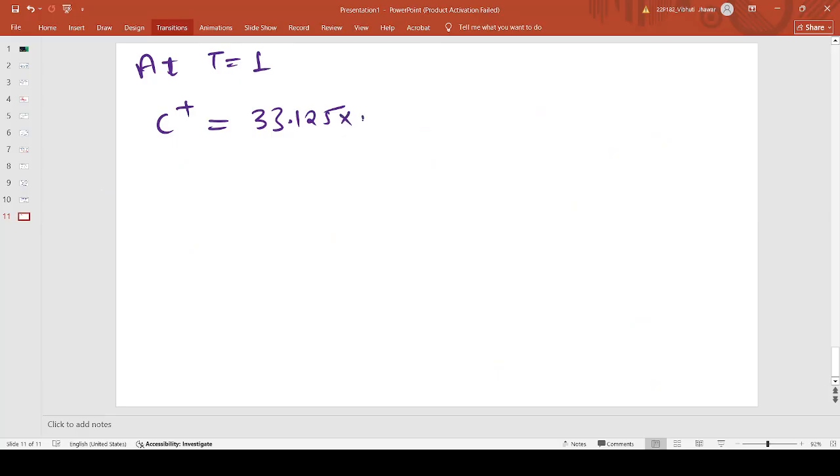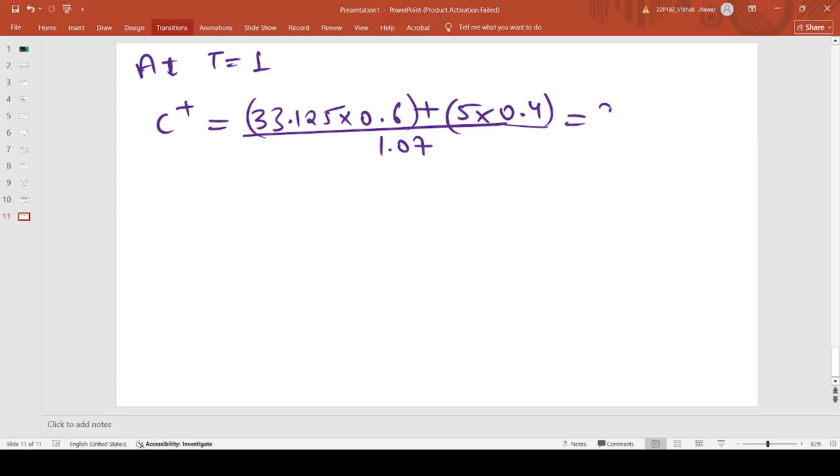So this into 0.6 plus 5, the payoff was 5. The chance of it happening is 40%. Whole divided by 1.07, because we are discounting for one period right now. This gives us the value 20.45.